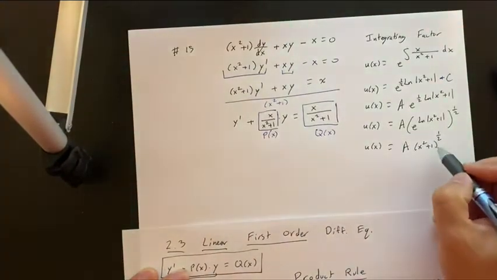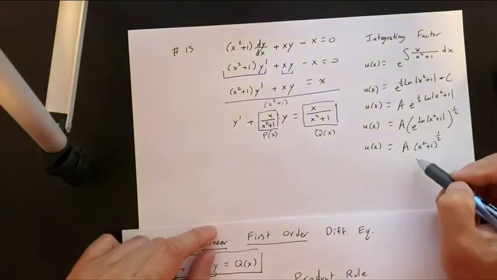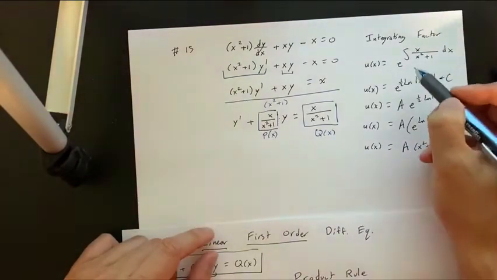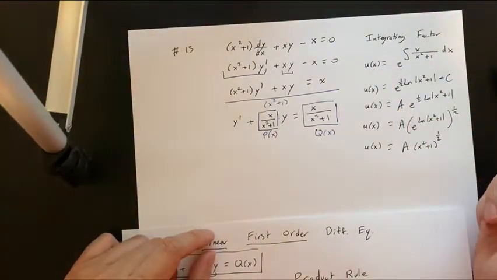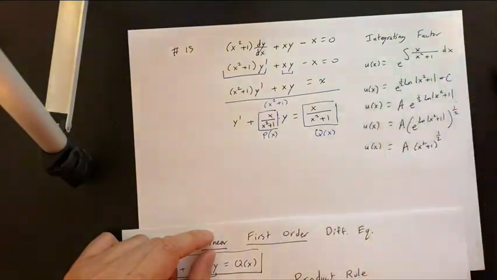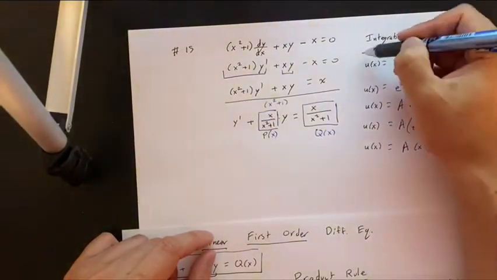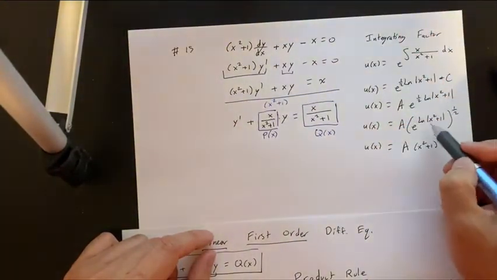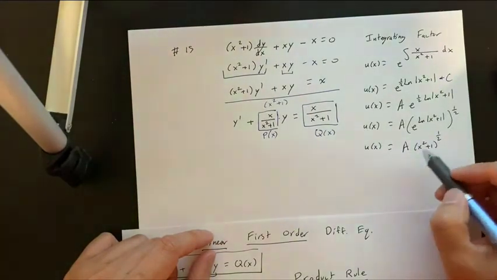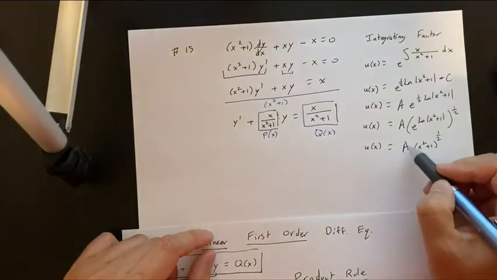Now I am doing a lot of things where I'm just ignoring all these absolute values. Really at the very beginning here, this u of x is not by itself. There should be an absolute value right here, and we really just ignore that. So in this case, we can just ignore it, because this a in front will just absorb all that plus or minus.